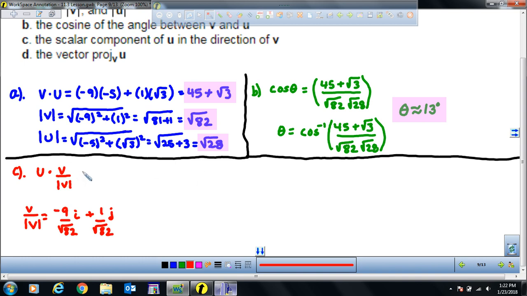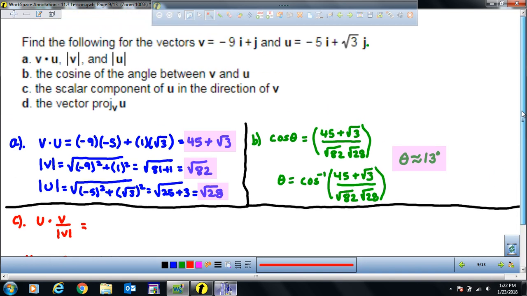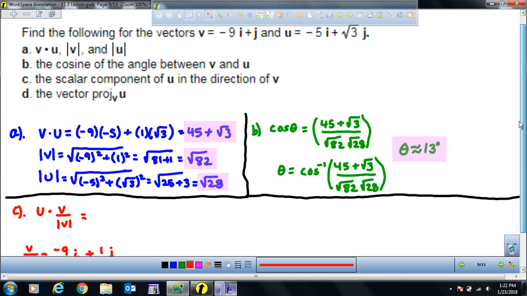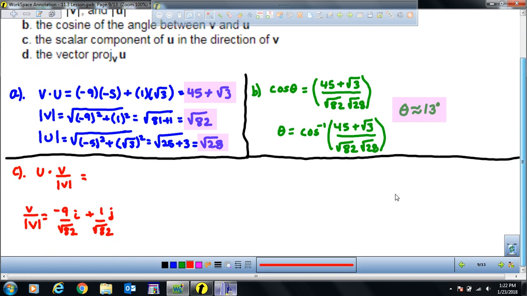Okay, so then we're going to find the dot product, which is the scalar component of u in the direction of v, means the dot product of u and the direction of v. Okay, so u, we already have it there, which is negative 5i plus square root of 3j.